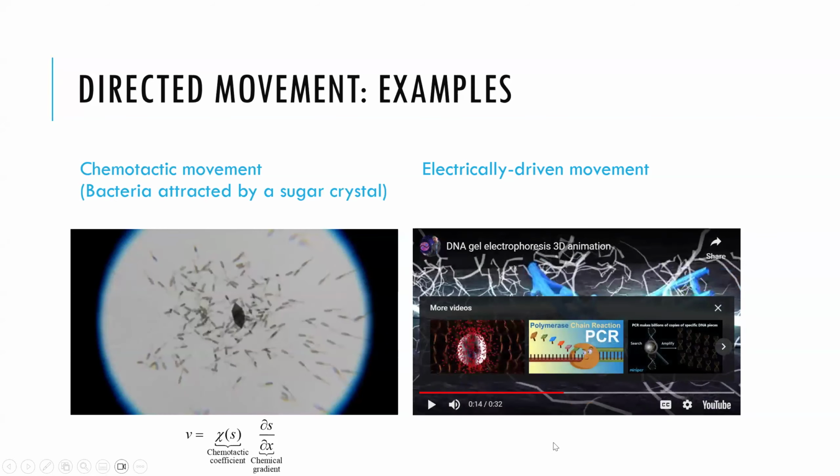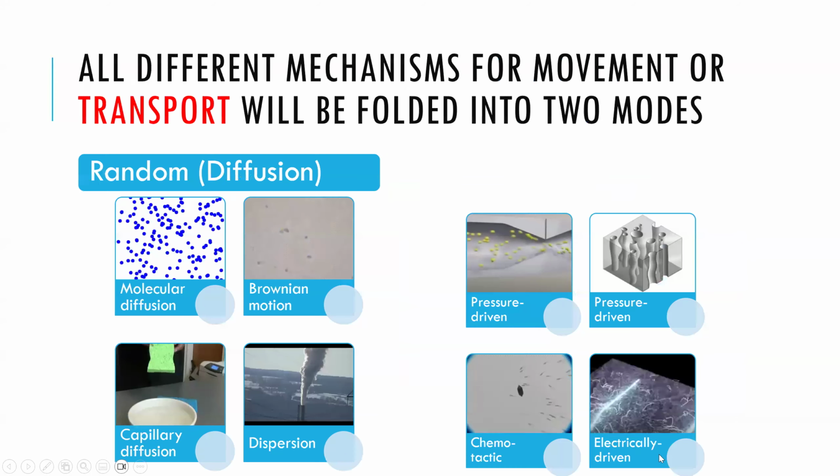The only point to make here is when you apply a voltage, current goes in one direction, or some mass movement would be following the voltage gradient. So it's a directed movement, not a random movement. And again, we can calculate the velocity of such directed movement from the voltage gradient. We're not getting into the details of these formulas here.